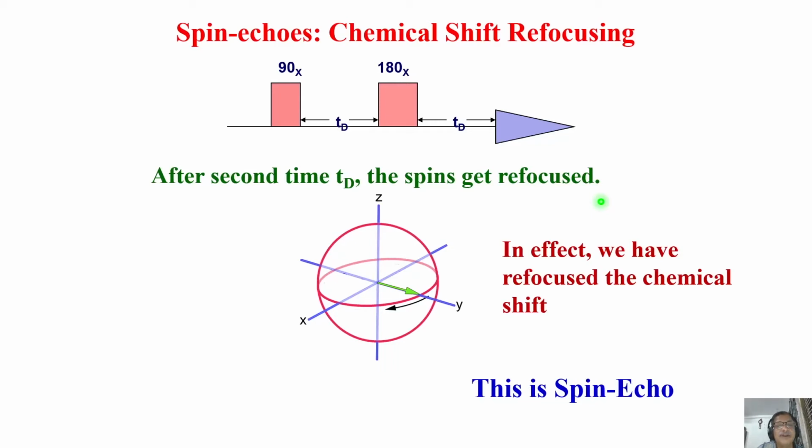Then what happens when you allow them exactly the same amount of delay? They come back and start refocusing here, the same on the y-axis. Imagine a condition like this. Now there are 10 people standing in a row. 10 people who are runners.